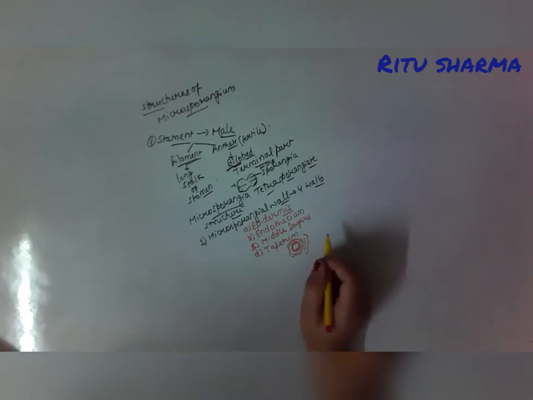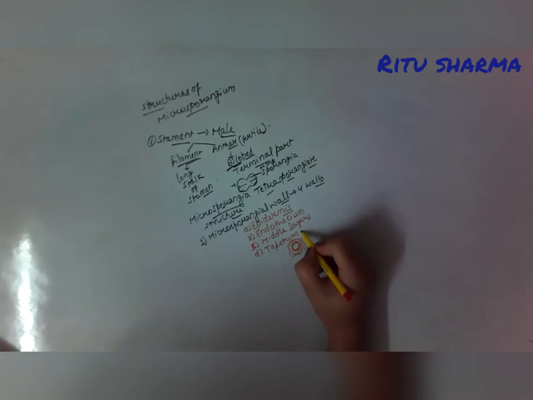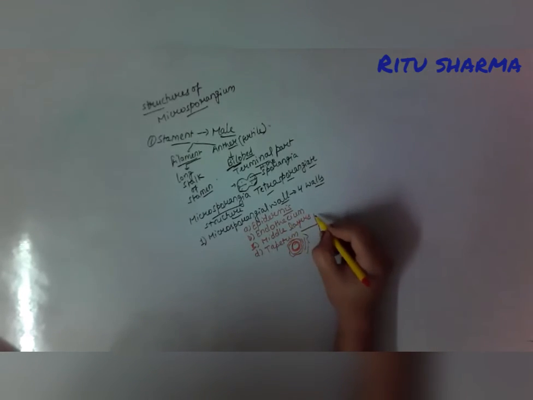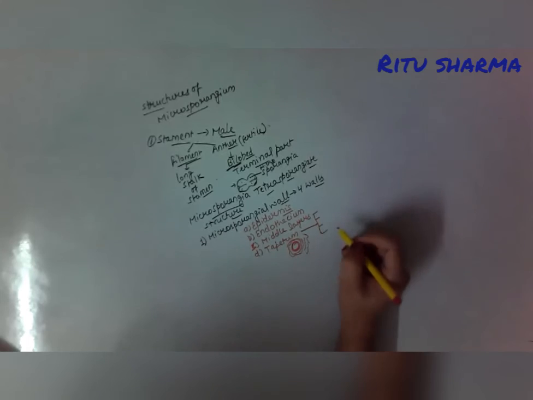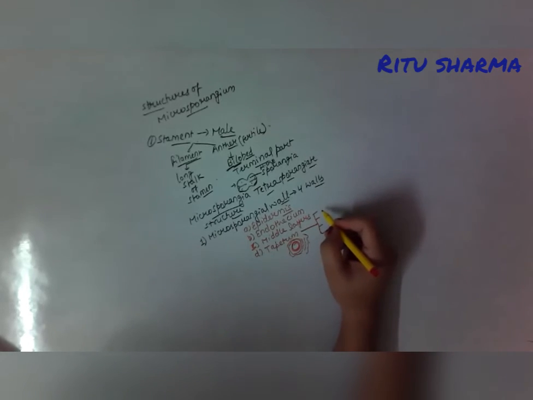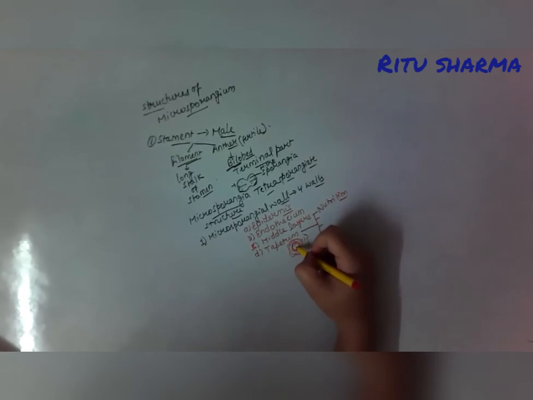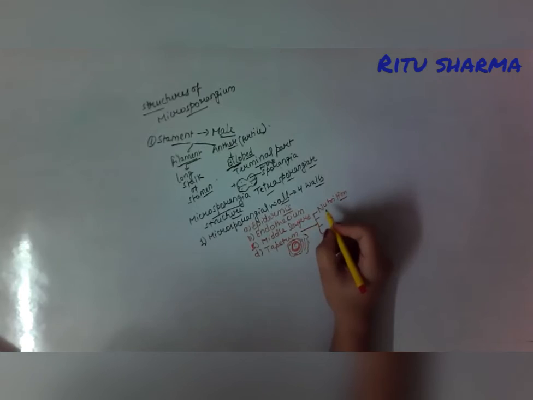Okay, so let's see the function of tapetum, then we will see the diagram. First one is it provides nutrition to developing pollen grains. Or we can say these are the microspores. Next one is it secretes some enzymes to dissolve the callose.